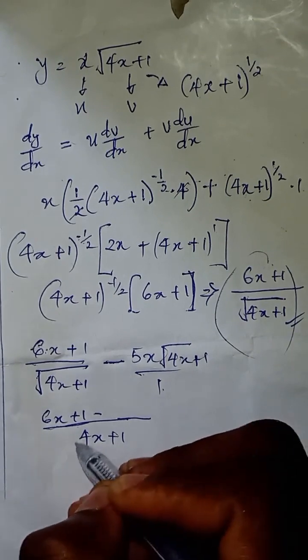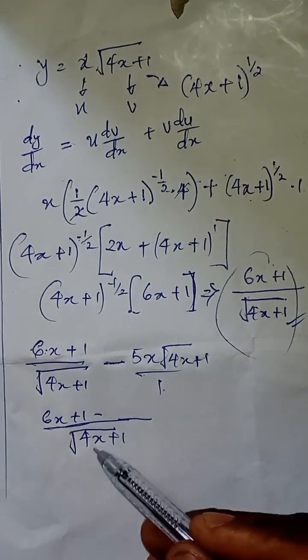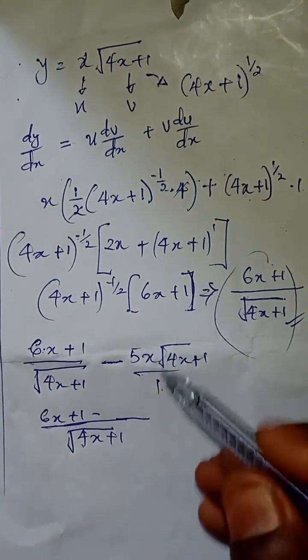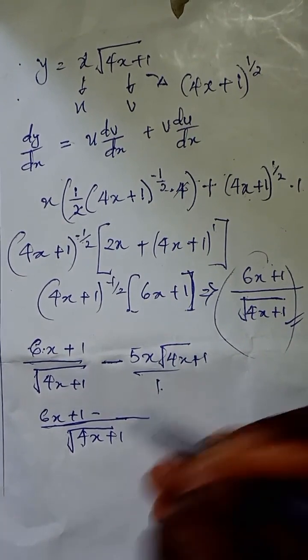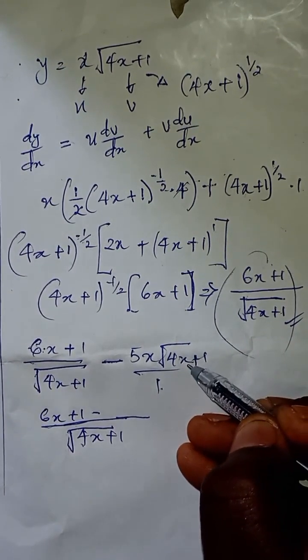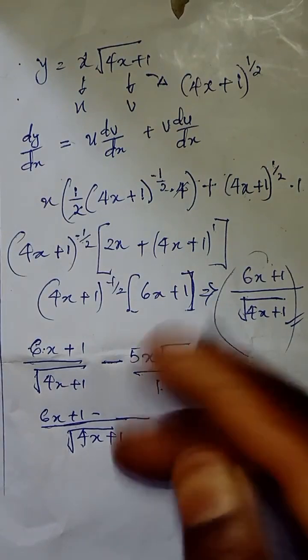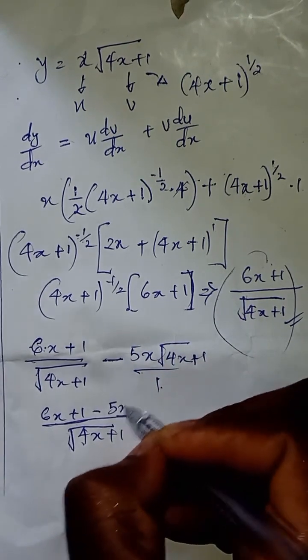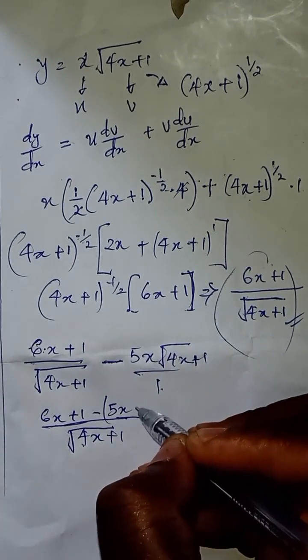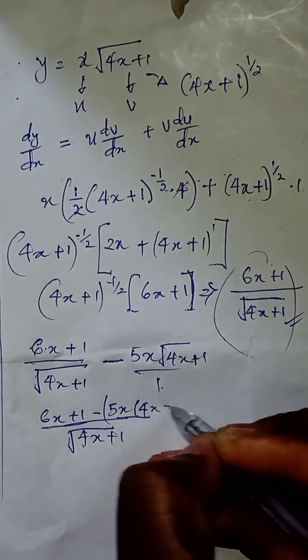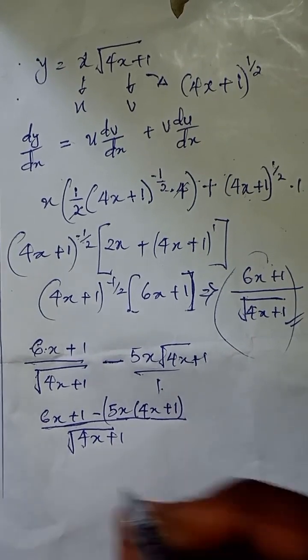I was rushing too much. The LCM is actually the square root of 4x plus 1, sorry about that. So the square root of 4x plus 1 times the square root of 4x plus 1 will give us the square root of 4x plus 1 squared. Square cancels square root, and we are left with 5x, I put it in bracket because of the negative sign, 5x into 4x plus 1. And once I simplify this, what do we have?